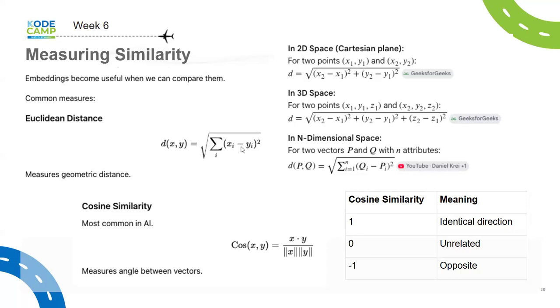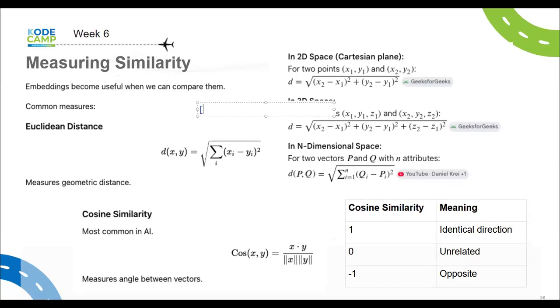Let me rephrase. Here x is the first embedding and y is the second embedding. So this notation is slightly different from the notation I just used, just to avoid confusion. In the notation I just used, x and y were the coordinates in the space.